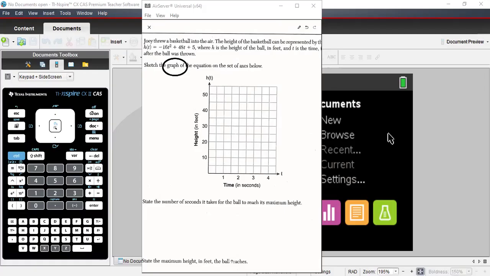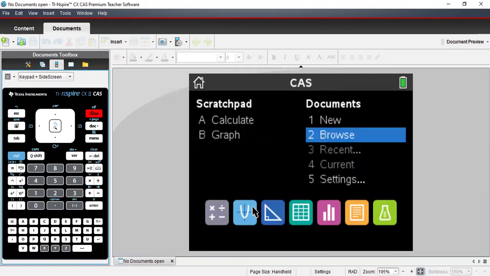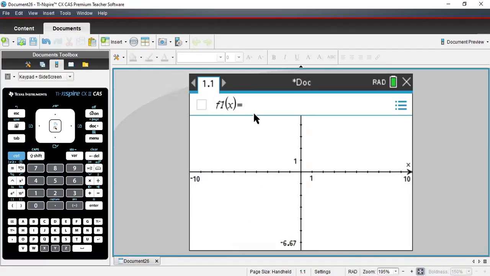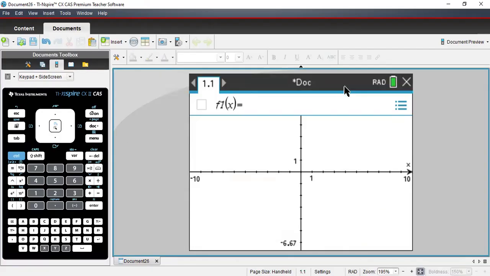So what I'm going to do is go get the calculator. Home, we're going to go here, and we are going to change the window first. So I'm going to go menu 4 for window, and I'm going to manually set it.